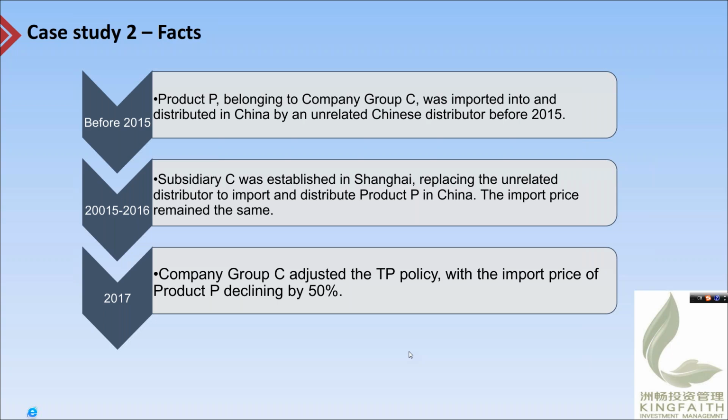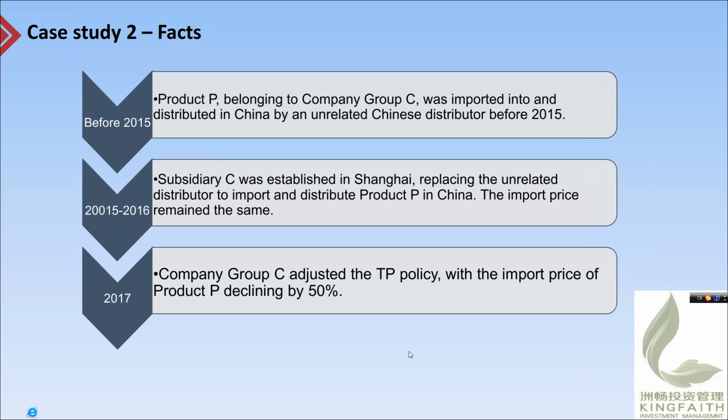You can see from the screen this company is also evolving its trading mode and business mode in China.